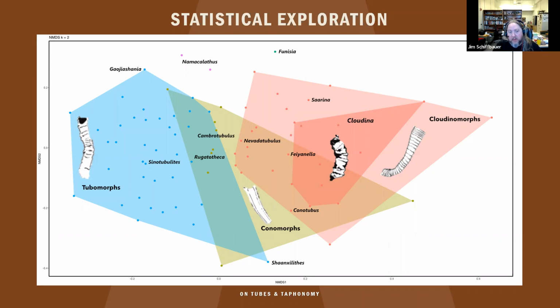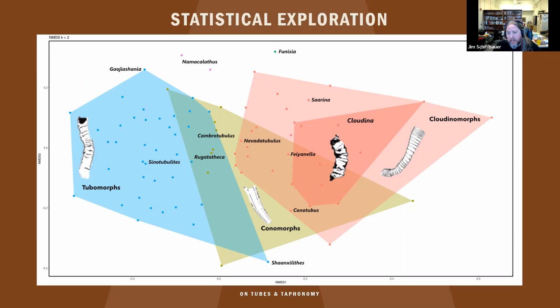So as we move from left to right, those tubomorphs grade into the conomorphs, which are generally more conical. These are things like Cambritubulus, largely. I've used Anabarites here as the example organism, but of course that's a bit different of an organism than most of what we're talking about in this group.